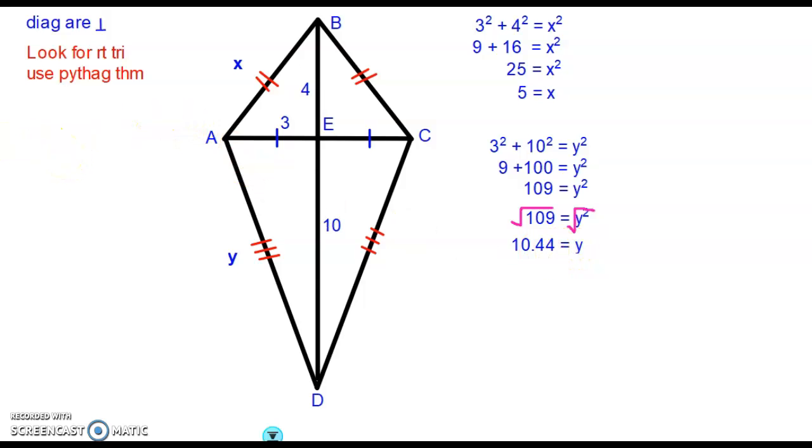And again, since I have this up here, I know that this angle is going to be congruent to that angle. I know this angle is going to be congruent to this little one here. And then this diagonal, the major diagonal, cuts these angles in half, top and bottom.